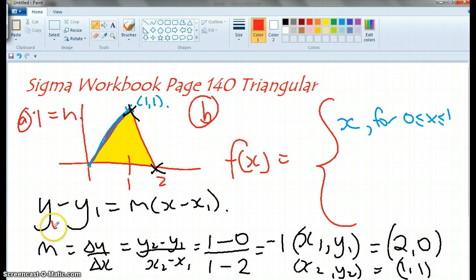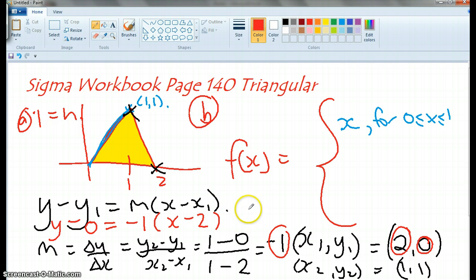So I'm going to go y minus 0, so that's my y1, equals m, which was -1, times x minus x1. So that becomes y equals -x plus 2. Because -1 times -2 is +1. So I'm going to have -x plus 2 for between 1 and 2. Okay, and 0 elsewhere.